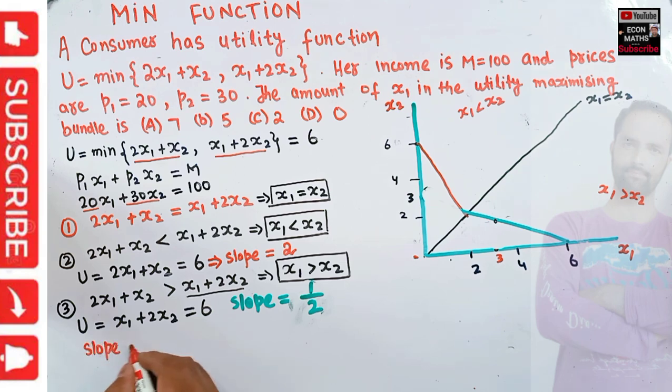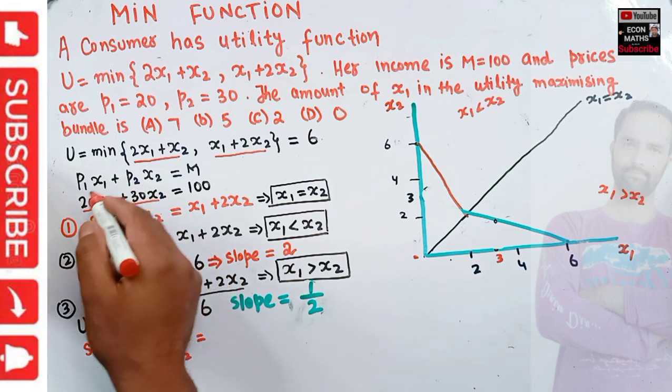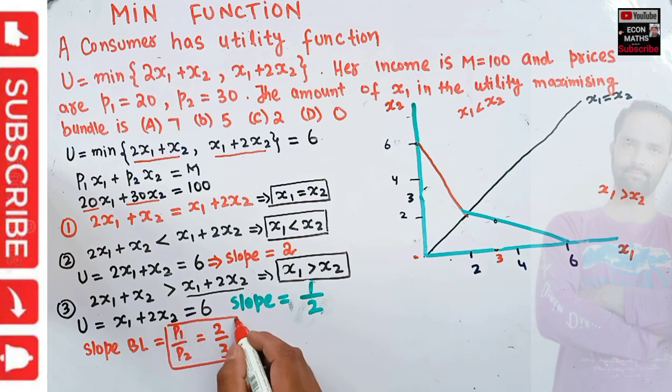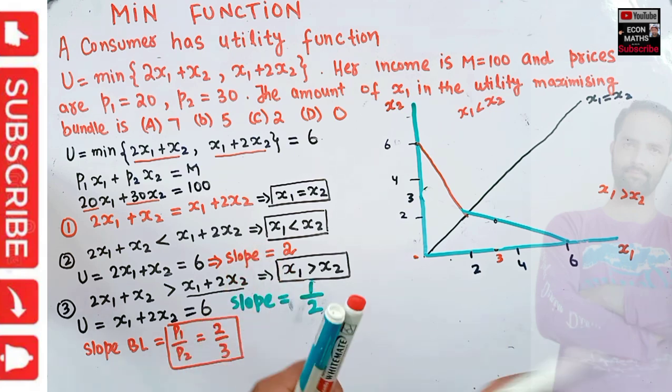Slope of budget line is equal to price p1 upon p2, which comes out to be 20 upon 30, that is 2 upon 3. Now where will our optimal bundle lie?